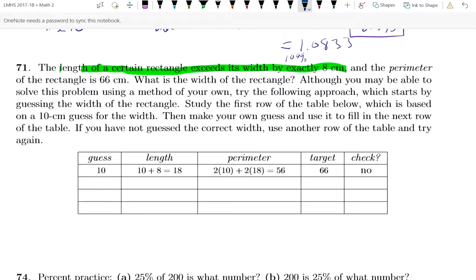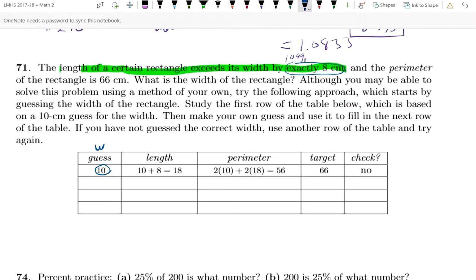So we're just guessing and checking. What they did here is they guessed 10 for the width. I'm going to put a little W up here because it says guess, just reminding me that the guess is the width. The length is 8 longer, highlighted in green here, exactly 8 longer. So the length would be 18.